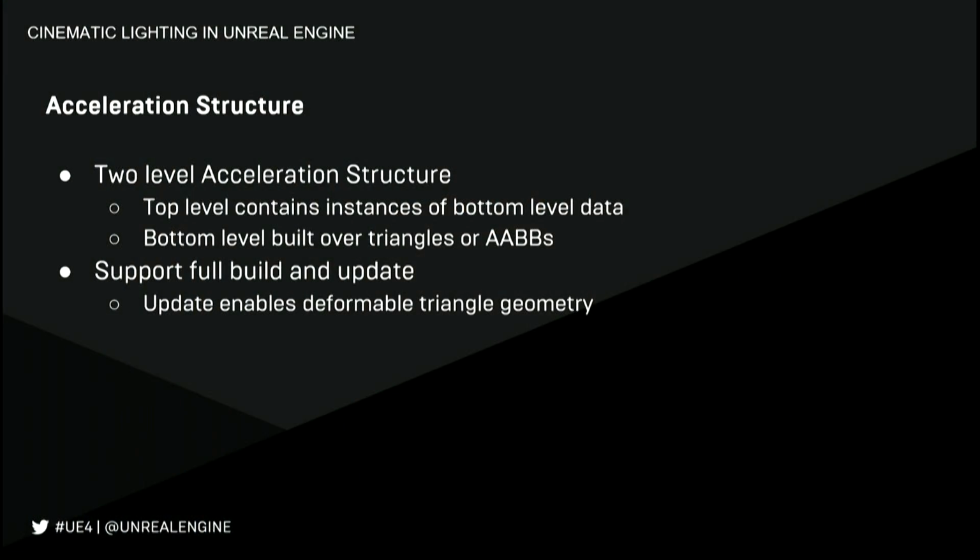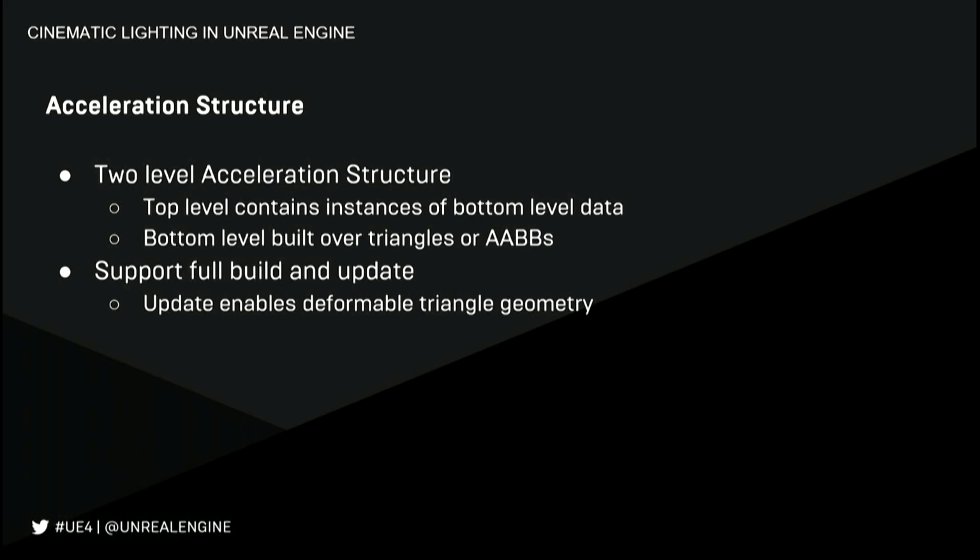And finally, I would like to tell you a bit about the acceleration structures on which the ray tracing traversal and intersection happen. The API supports 2 levels of acceleration structure. A top level that contains at the leaves instance nodes pointing to bottom level acceleration structures with a transform matrix, and a bottom level type of acceleration structure which is built over geometry, which can be either triangles or axis aligned bounding boxes in the case of geometry using custom intersection shaders.